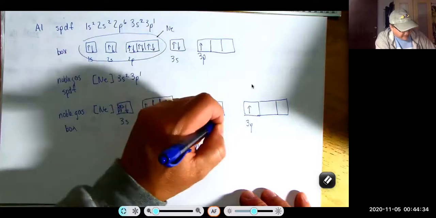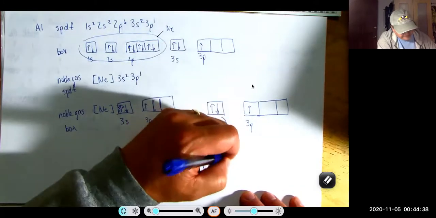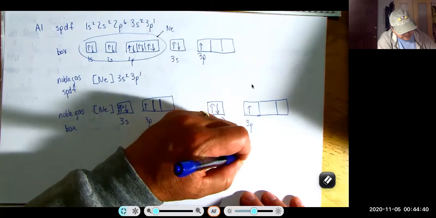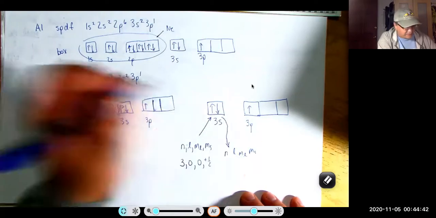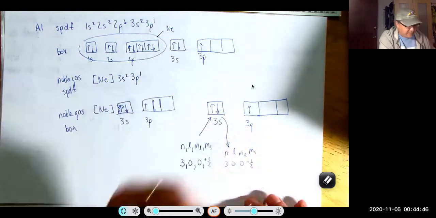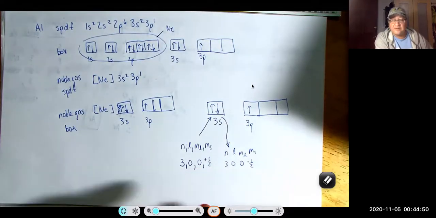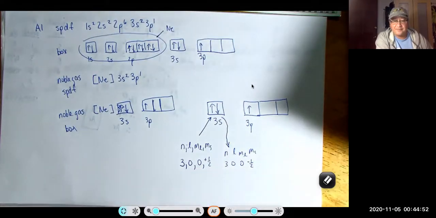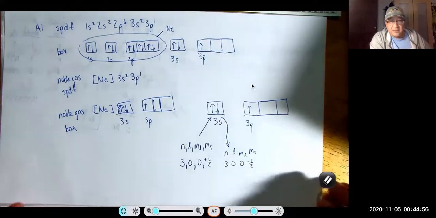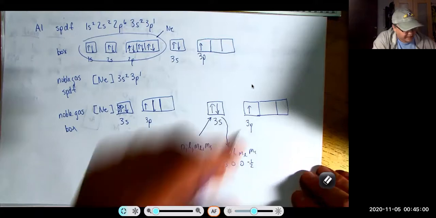What about this other guy? It's going to be similar. It's going to be a 3, 0, 0, minus 1/2. Because they're in the same orbital, they have the same set of quantum numbers for the first 3. And because of the Pauli exclusion principle, the last quantum number differs for each. Now, what is this guy going to be?